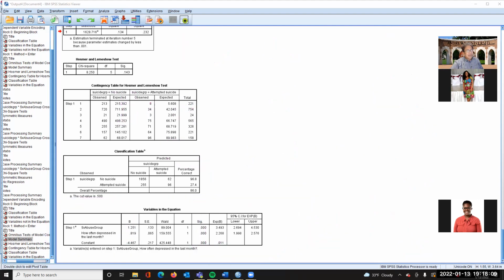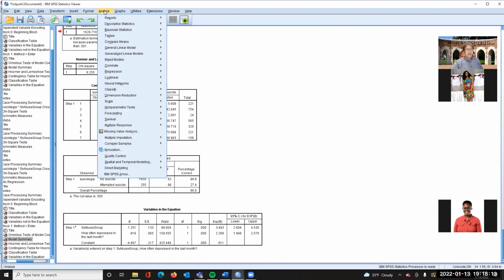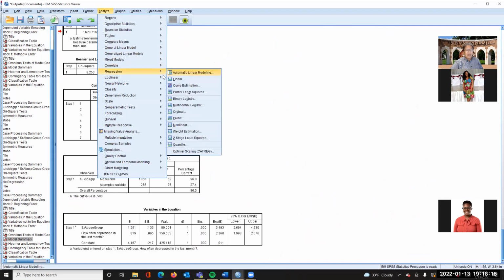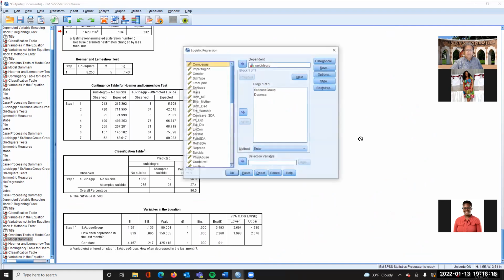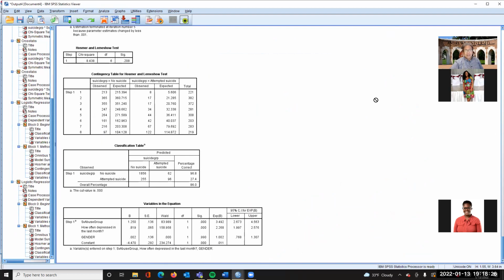So let's add another variable here, and add gender. So we add gender here, and let's run this again. And let's see if gender is a significant predictor.